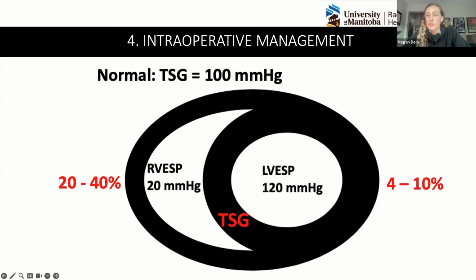The RV's geometry is dependent on the position of the interventricular septum, which normally bulges into the RV, creating a scaffold against which the RV free wall can contract. While 4 to 10% of LV systolic function depends on the RV through ventricular interdependence, 20 to 40% of the RV systolic function depends on the LV and the position of the septum.